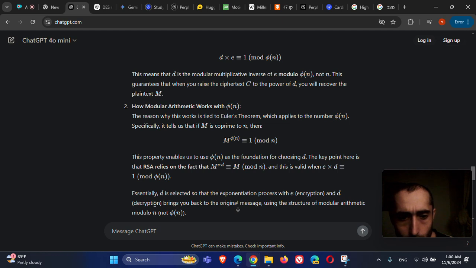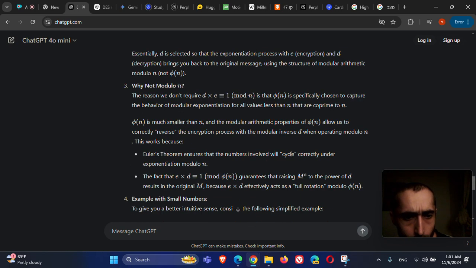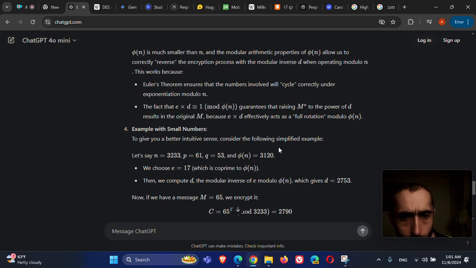This is valid when e is initially selected so that the exponential process with e and d brings you back to the original set using the structure modulo e. Why not modulo n? The reason we don't require it is that e is much smaller. The fact that it guarantees that raising to the power of d is an effective representation.